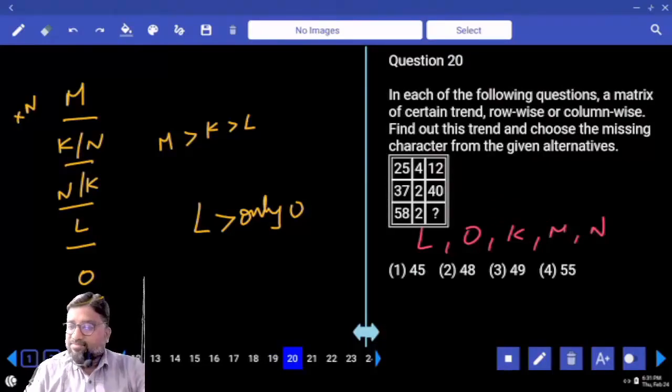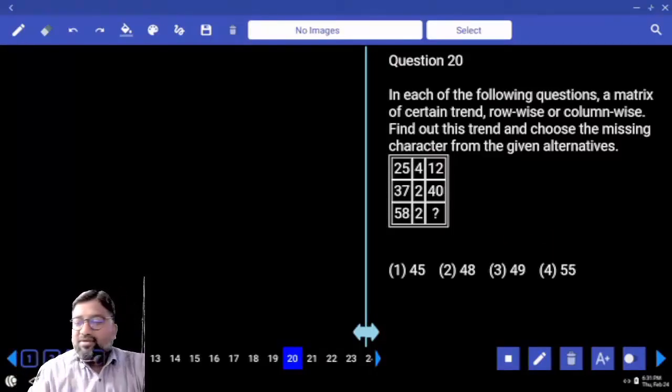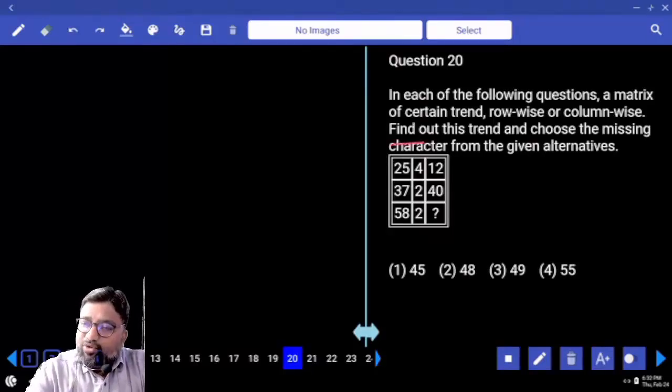20. You can either go for row operations or you can go for column operations. But what I suggest is, most of the times, when we go with row operations, this number here in the last place, we will try to get that number from the first 2 numbers.